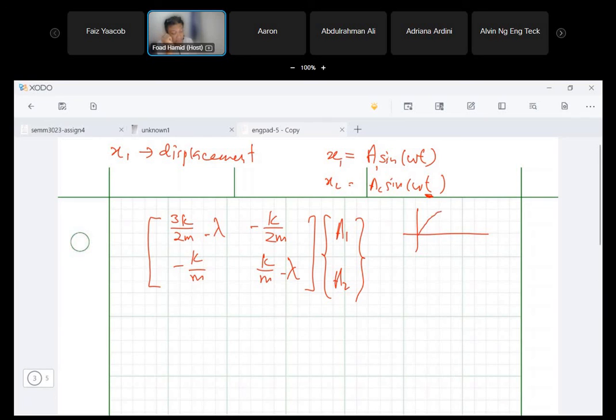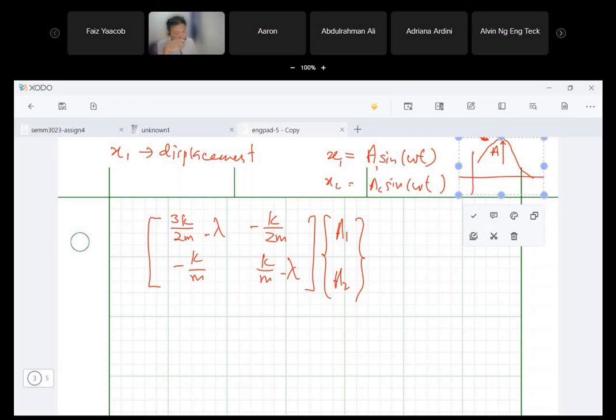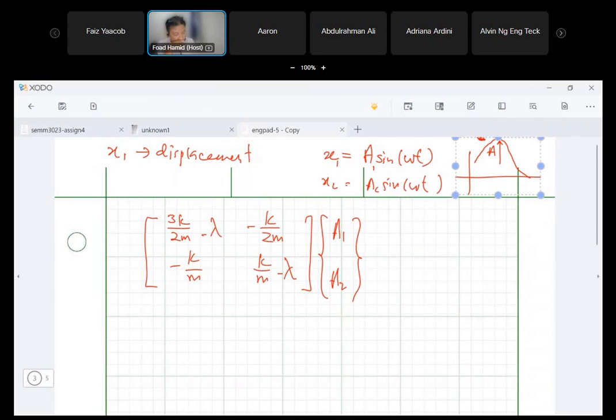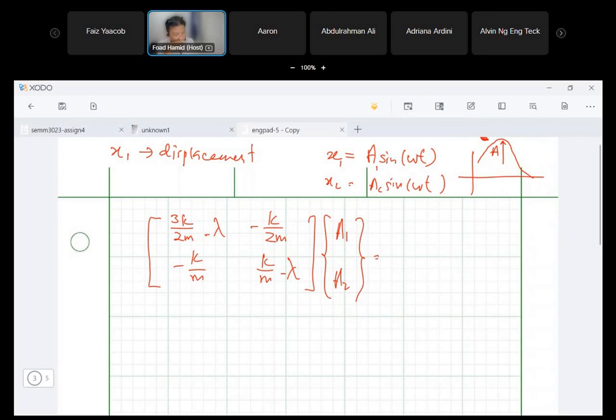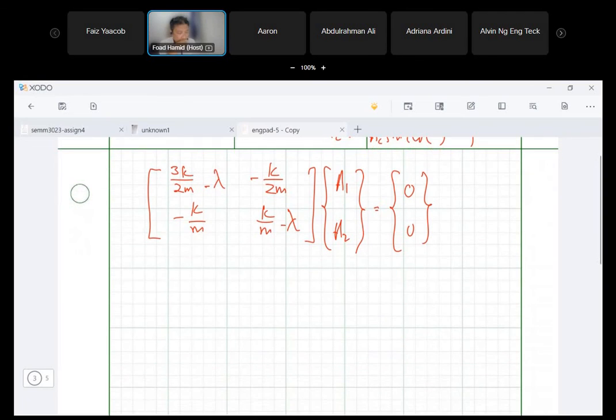And this is what we call the amplitude. Then this one should be equal to 0 and 0.